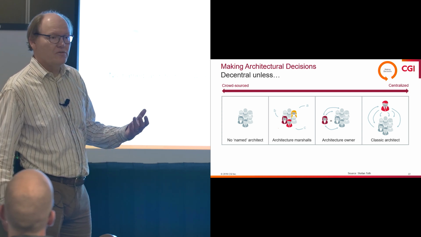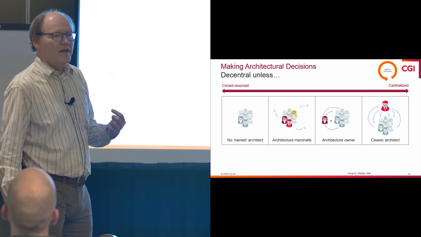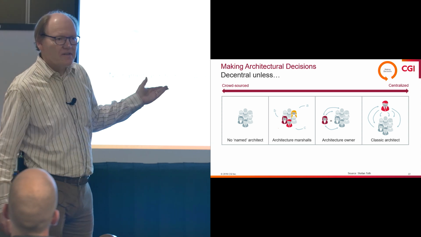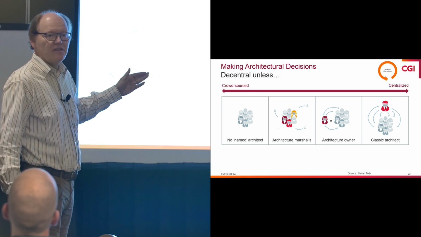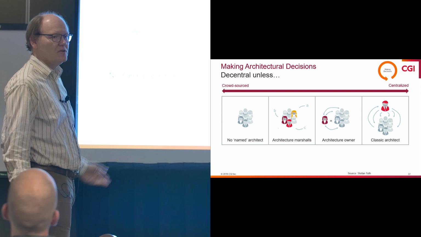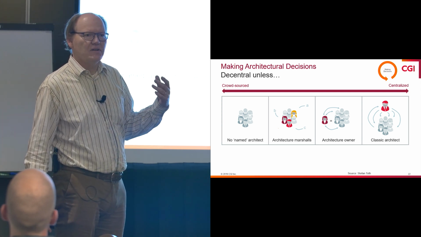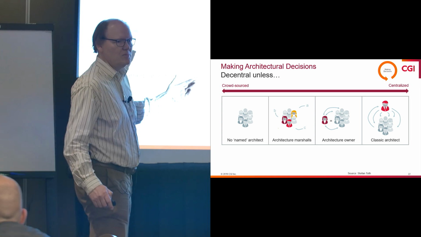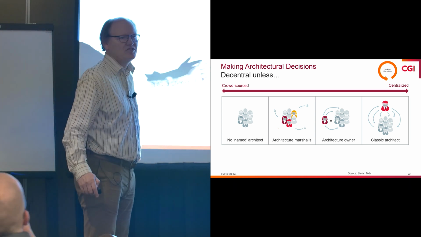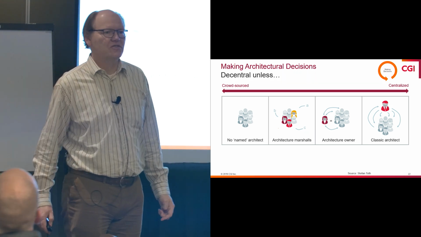One of my first customers was ProRail, the Dutch railway organization, and they actually had all four of these in one organization. But in different domains, they had different levels of decentralization. For example, in the management information or the business information domain, they had architecture marshals. What they were doing was not super business critical.